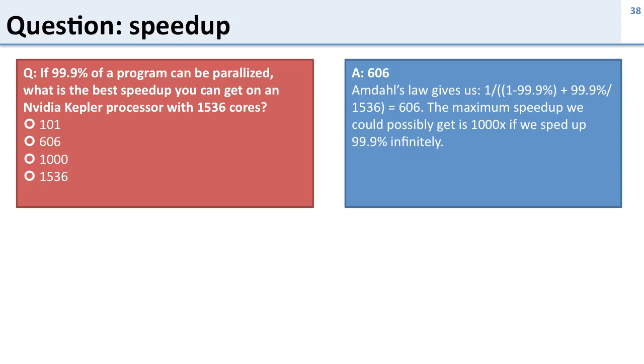Amdahl's law gives us 1 over (1 minus 99.9%) plus 99.9% over 1,536, which is a 606 times speedup. The best we could possibly do is 1,000 times if we sped up that 99.9% infinitely. So even with 1,536 cores and a program that's only 0.1% serial, we get less than half the speedup that the number of cores would suggest. So again, not very encouraging.